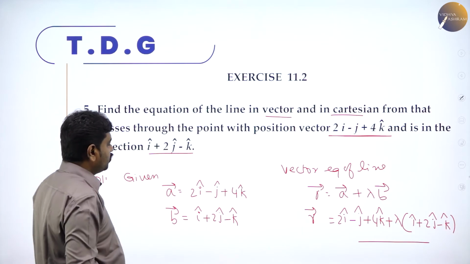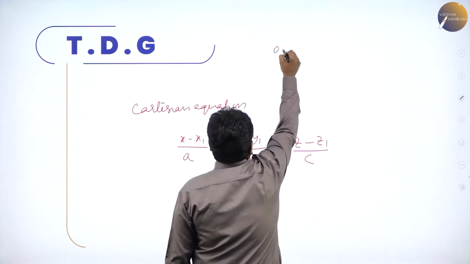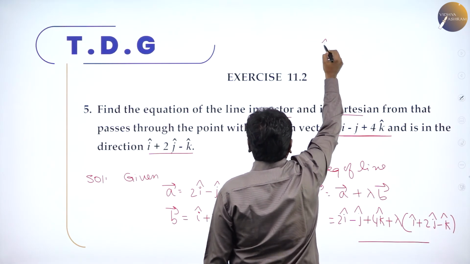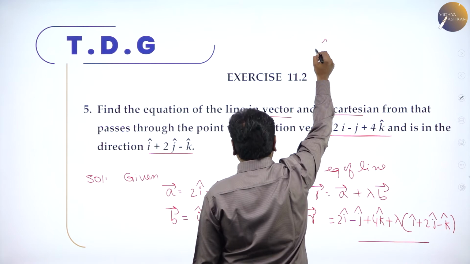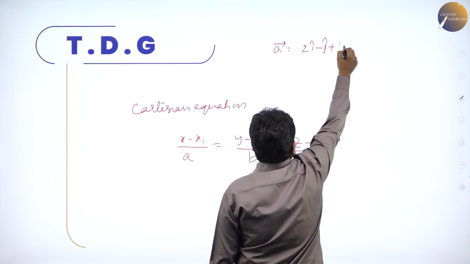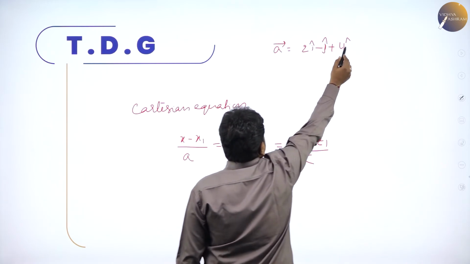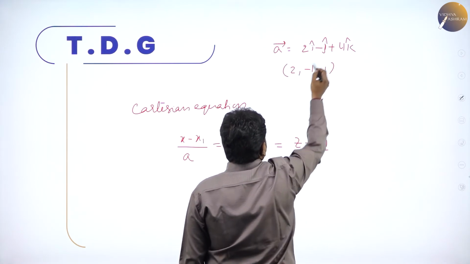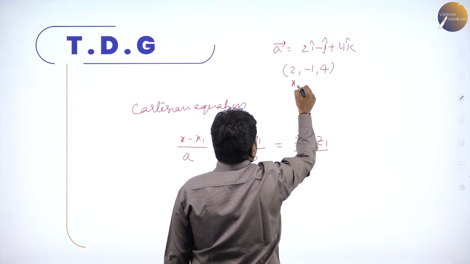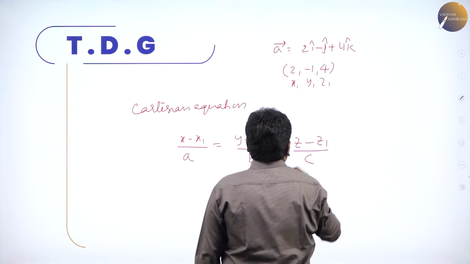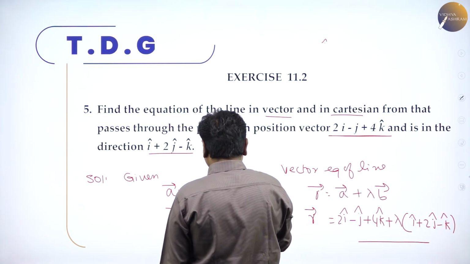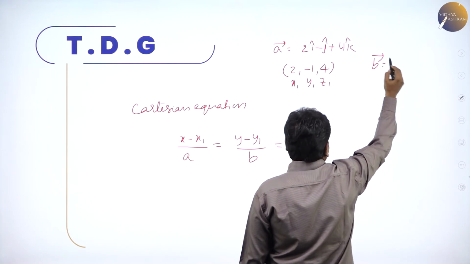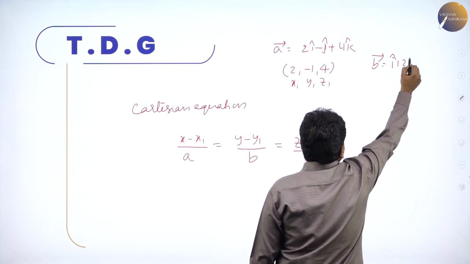The position vector of the point is 2i cap minus j cap plus 4k cap, so the point is (2, minus 1, 4), which we call x1, y1, z1. The parallel vector they gave us is 1, 2, minus 1.